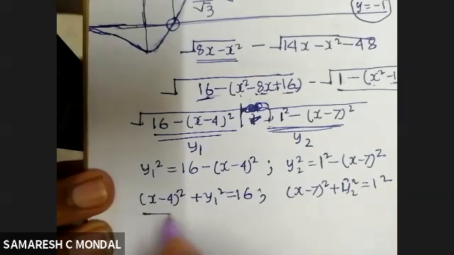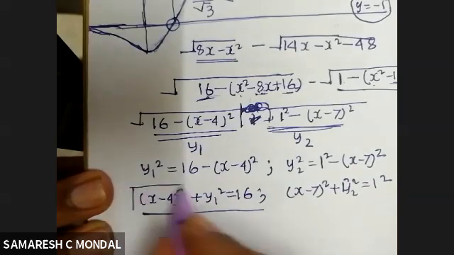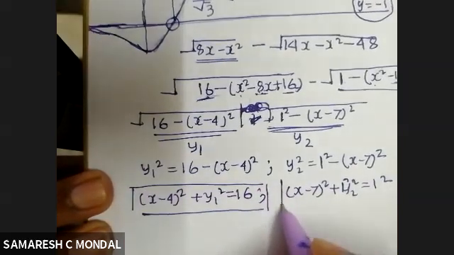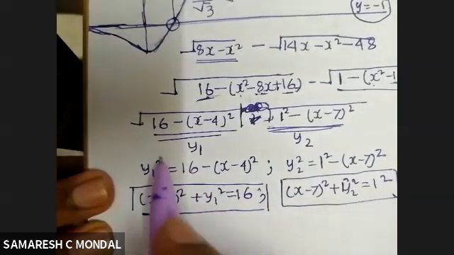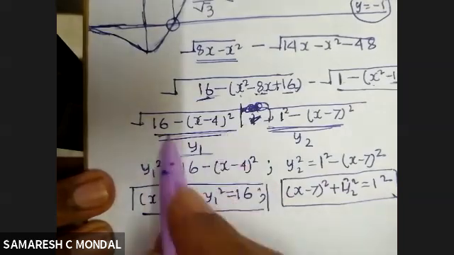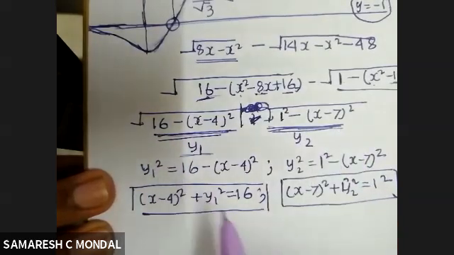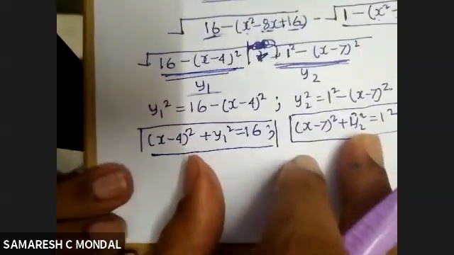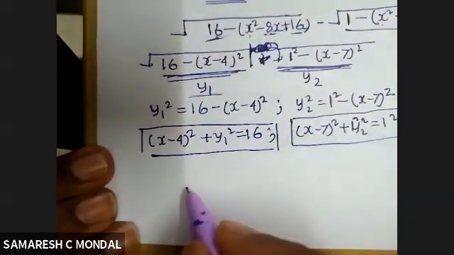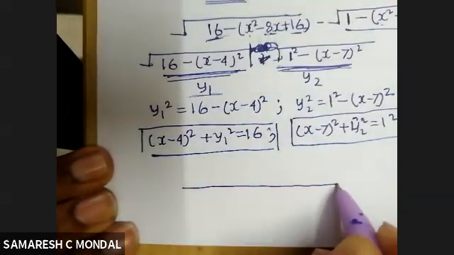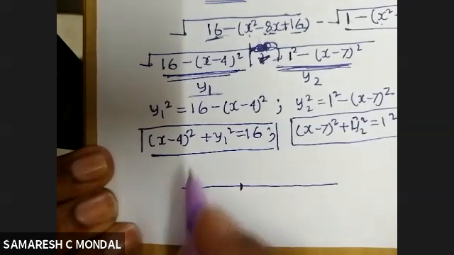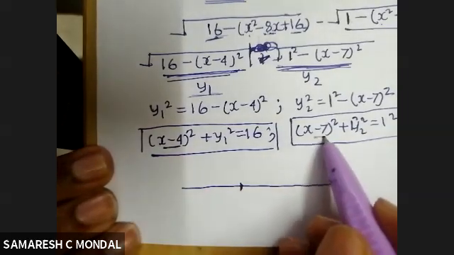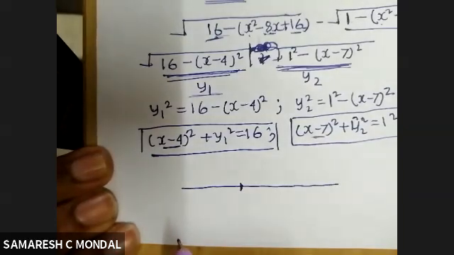Both, if you analyze it, both represent the equation of a circle. And I preferably tell it's a semicircle because y1 is positive as well as y2 is also positive, but both are semicircles. So can we draw both the semicircles? One of the centers is 4, 0 and one of the centers is 7, 0.